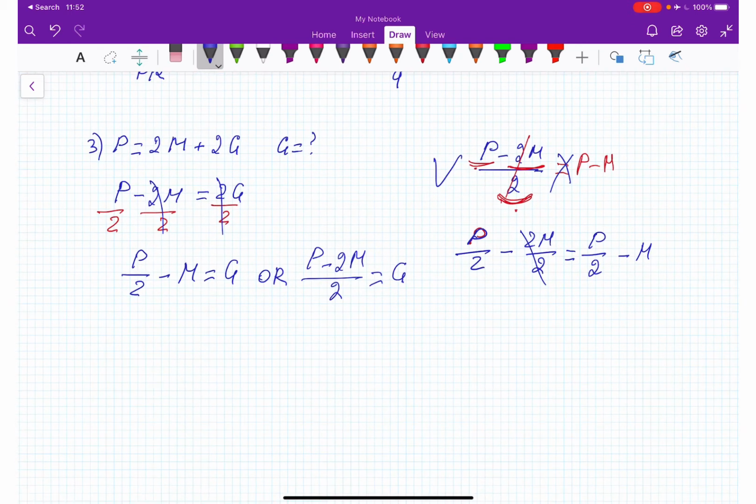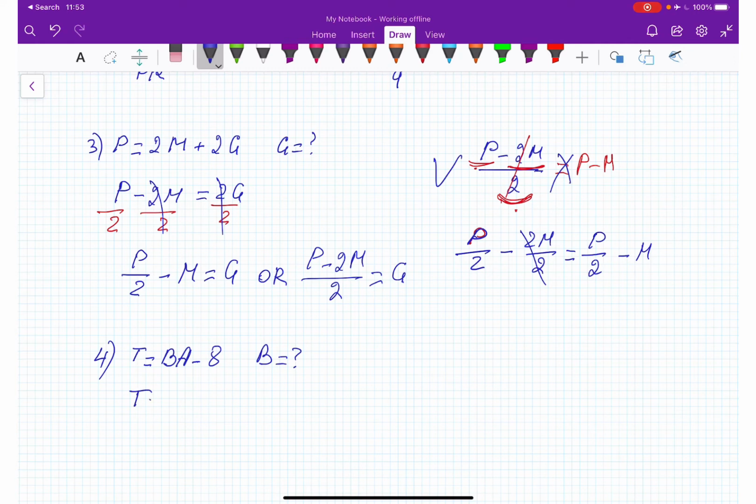So, question number 4. T is equal to BA minus 8, and we need to solve for B. So, to solve for B, I need to move this 8 to the left side.